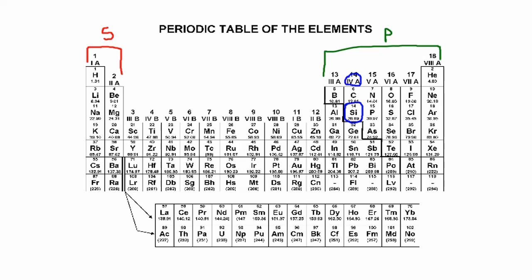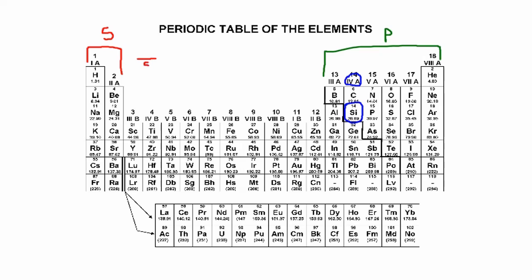If you remember in your orbitals, S only has two columns in it. So divide that by 2, so S is only going to have one orbital.